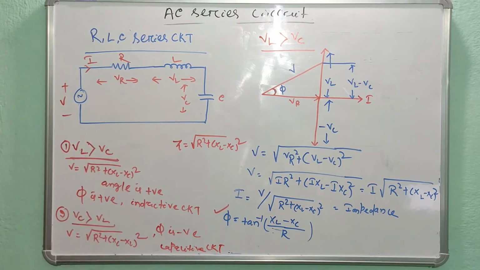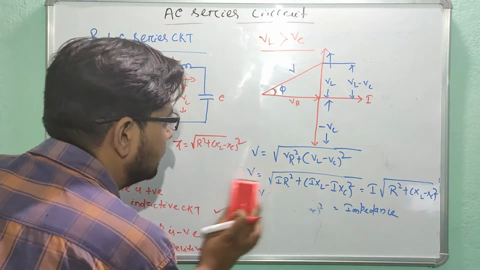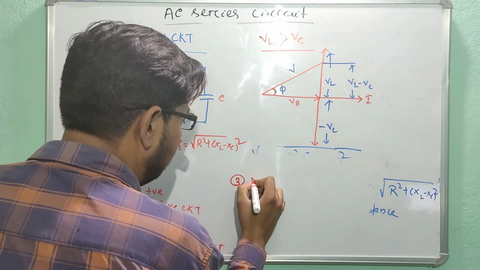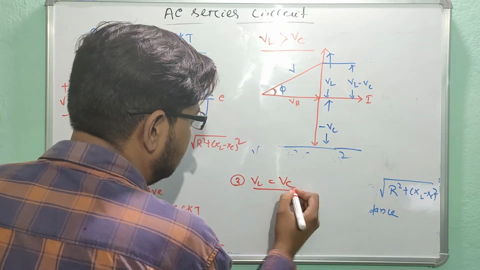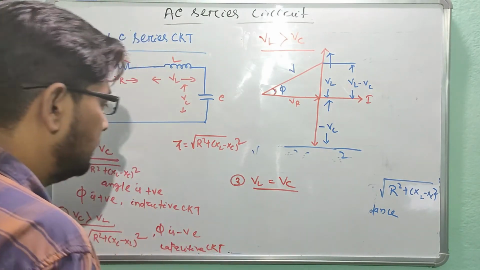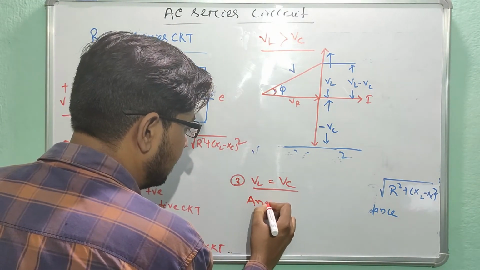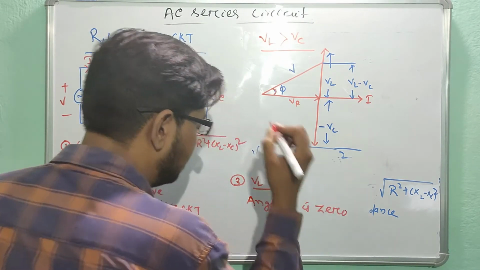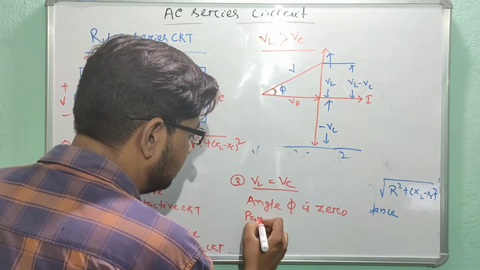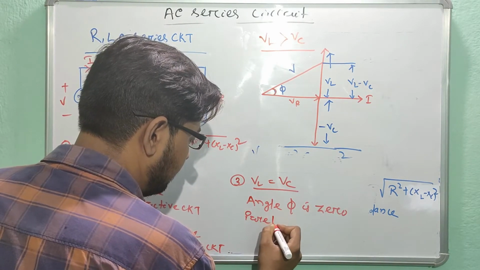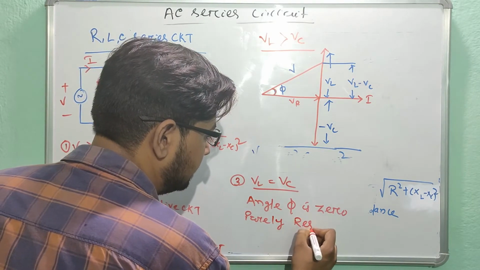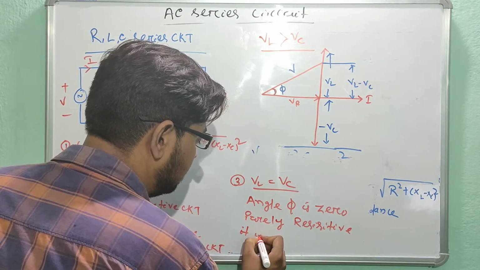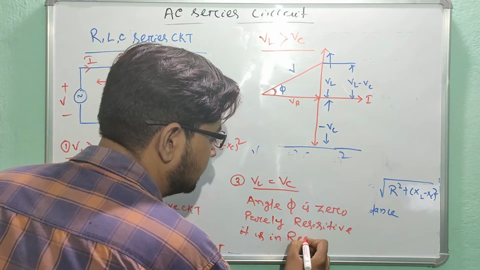Number 3 is, if VL is equal to VC, then the angle phi is 0, and the circuit is a purely resistive circuit, and it is in resonance condition.